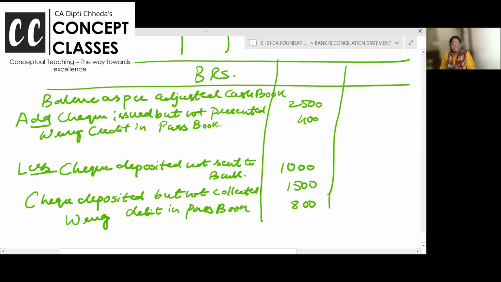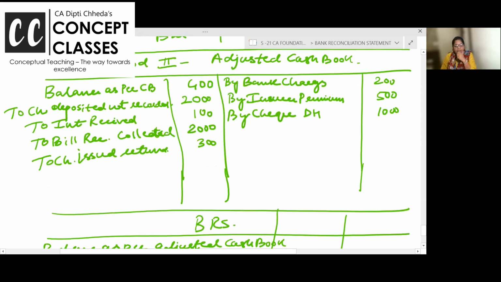Bill discounted, dishonored. Not recorded in the cash book. Bill discounted is dishonored, not recorded in the cash book. So I have to record it. When I collected the bill, bank to bills receivable. Now bills receivable or party debit, bank credit 4,000.